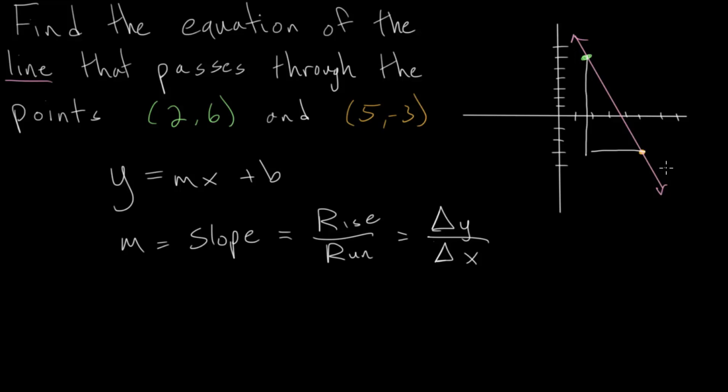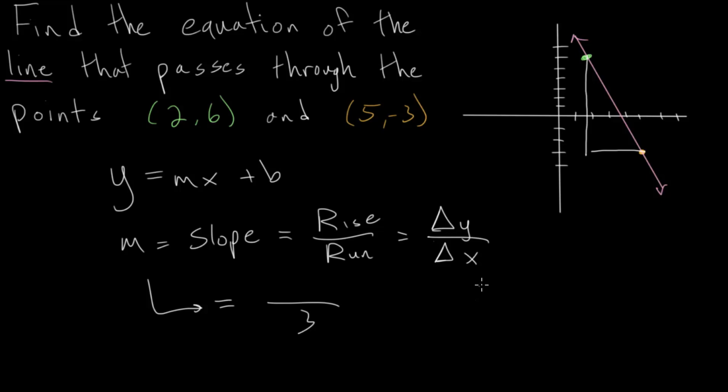Now, this we can calculate in a couple different ways. We, first of all, could just think it through. The x values go from 2 to 5, so it looks like they changed 3 units. And again, we define this to be positive, so we wouldn't want to do it the other way. And we'll leave the negative on the y. If you do want to do it the other way, that's perfectly valid.